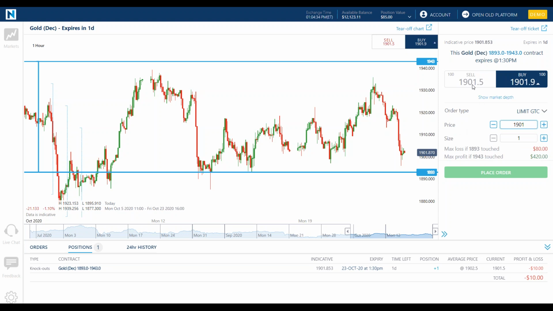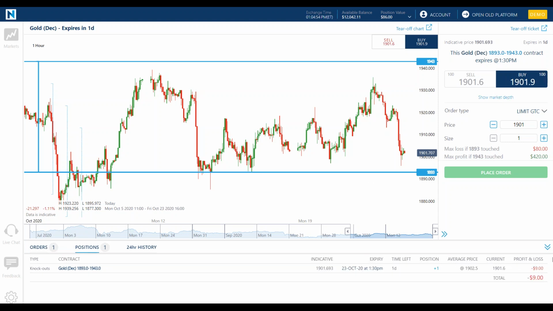Down below, I'm going to place my order, and you're now going to see it popped up. It shows me that I placed an order to buy another one of these. I'm trying to buy one down at 1901, and right now I could buy it at 1901.9 because that's where it's being offered.